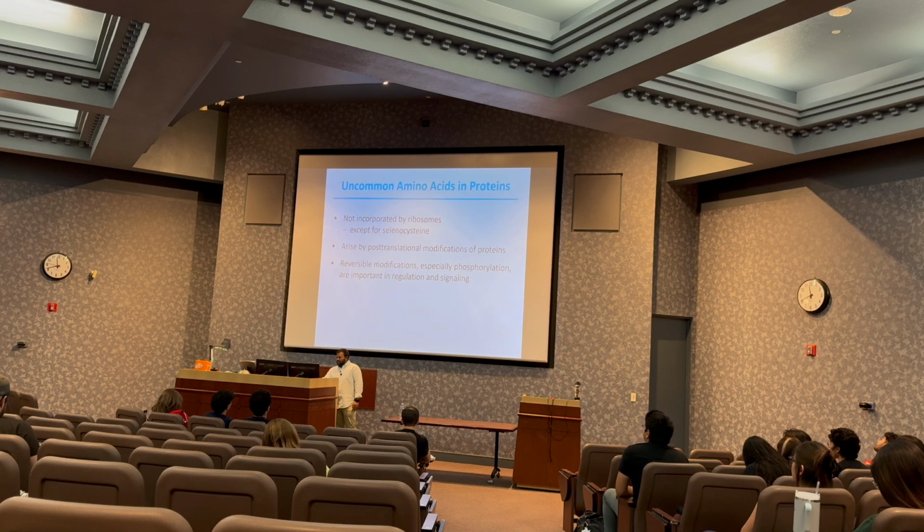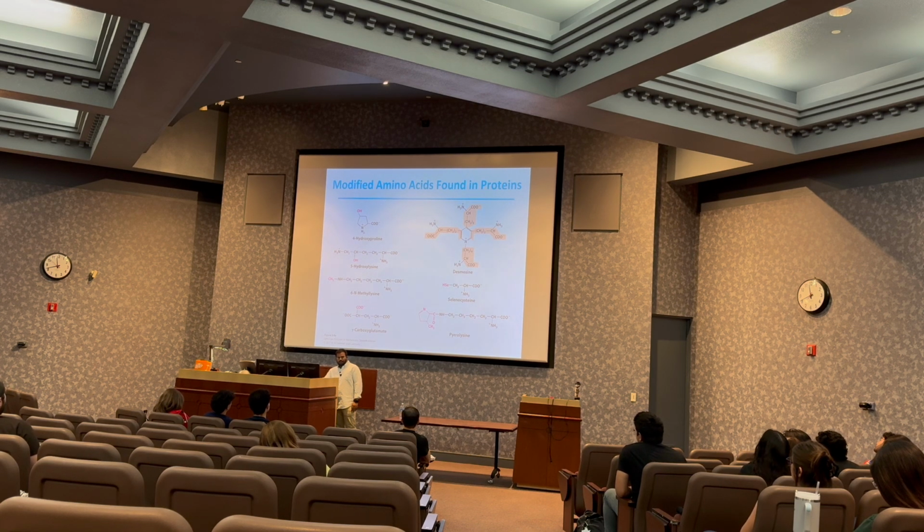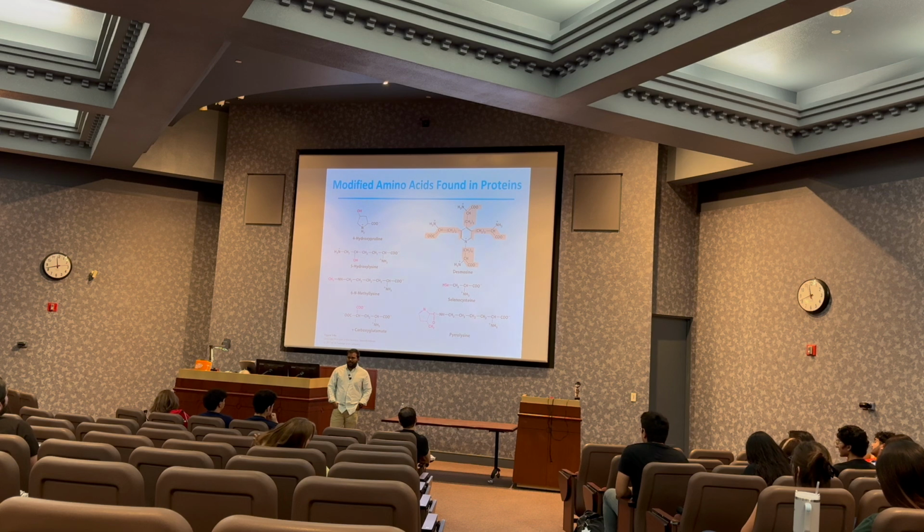Uncommon amino acids. Can you find selenocysteine somewhere? Yes, sir. Can you see selenocysteine? What's the difference between selenocysteine and cysteine? Sulfur is replaced by selenium. That's why it's called selenocysteine. What if I replace selenium with oxygen?